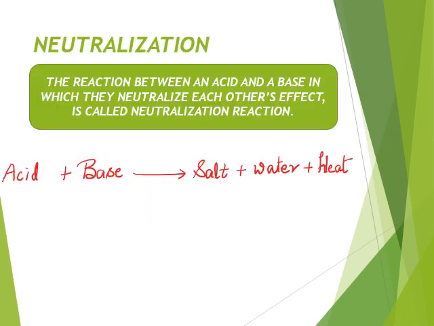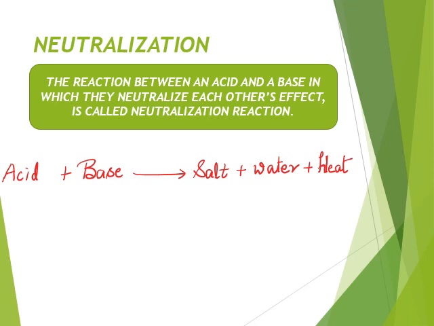When an acid solution is mixed with a basic solution in a suitable amount, their properties change. The acid and the base react with each other and their properties or their effects get neutralized. And what will be the result? As a result of their reaction, a totally new substance is formed and this new substance is called salt.